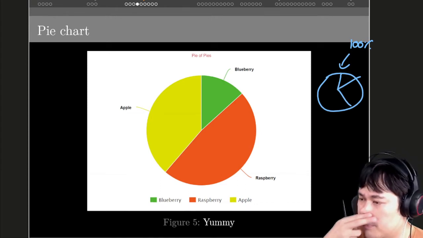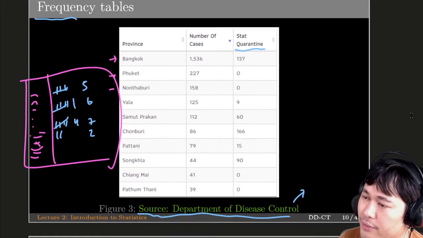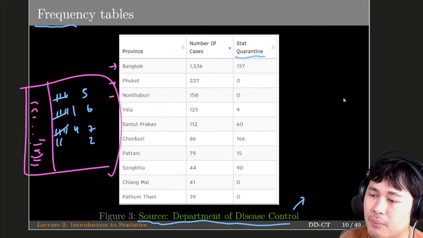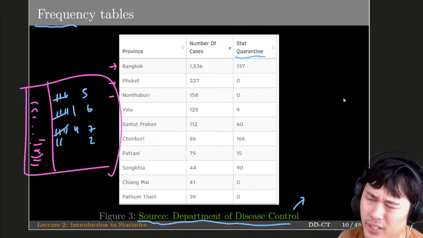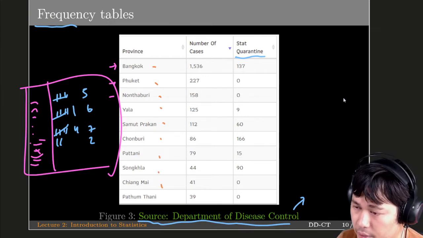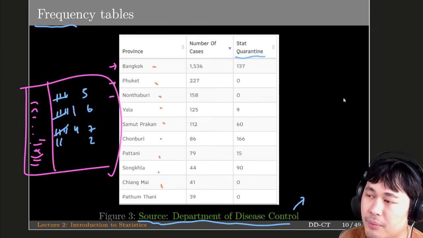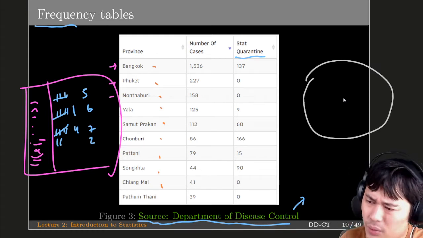For instance, if you go back to, let's say here, the number of essays in each country, in each province, here we have 10 provinces, so we can represent them in a chart.